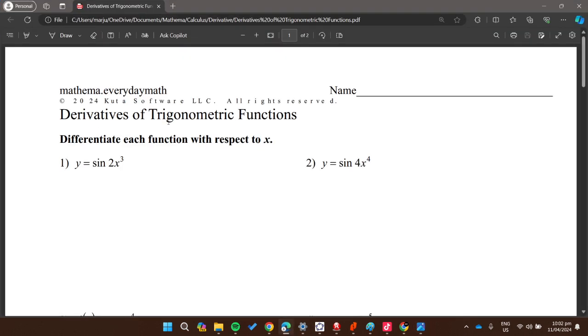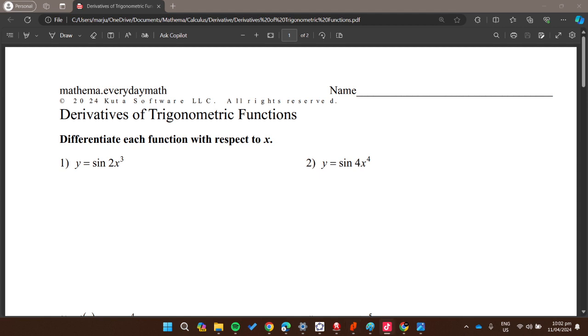So let's have number 1. Again, we will be using chain rule here.